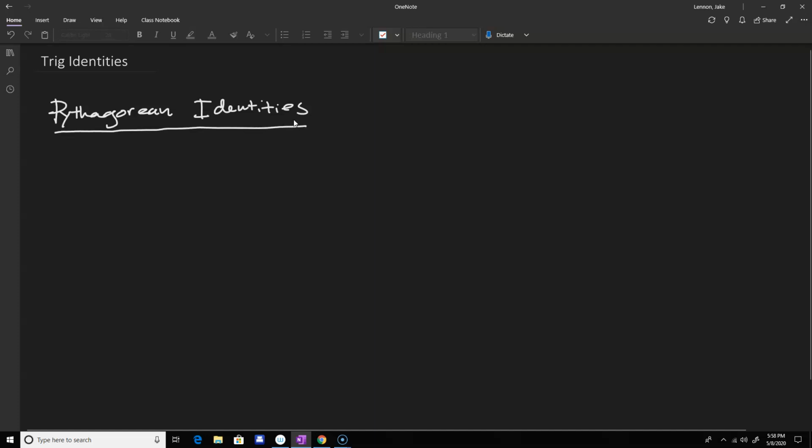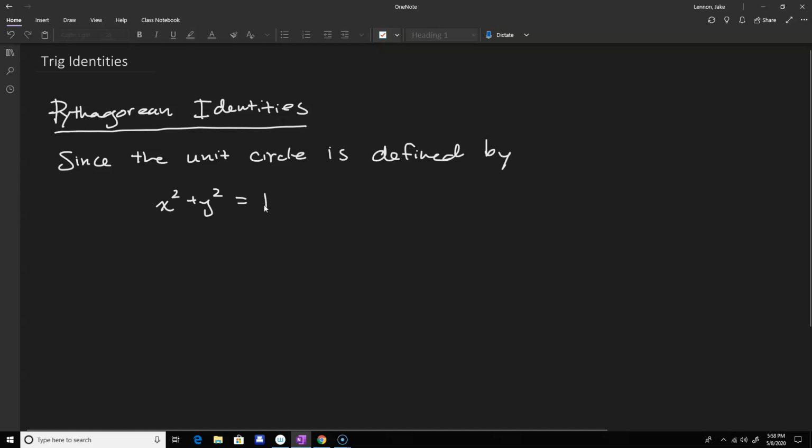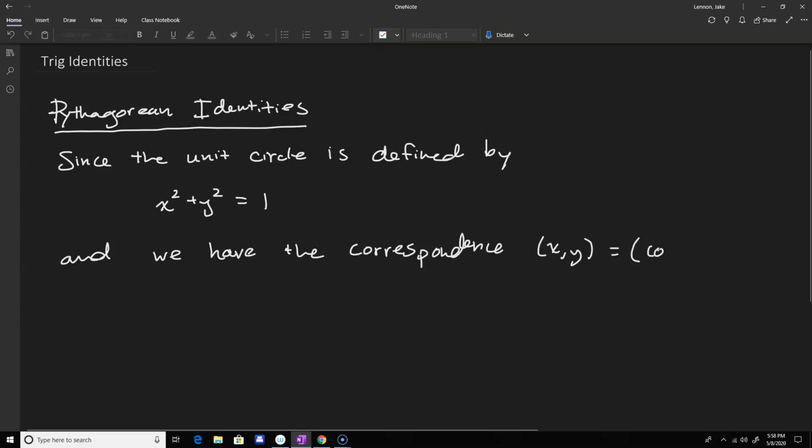So basically, since the unit circle is defined by the equation x squared plus y squared equals 1, and we have the correspondence associating to any point on the unit circle where angle theta intersects that unit circle, that point would have coordinates cosine of theta comma sine of theta.